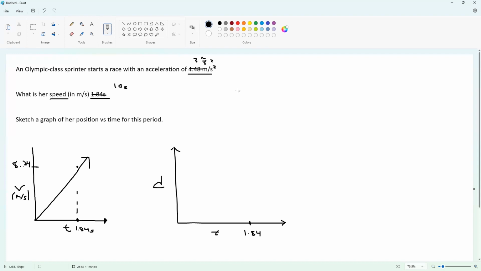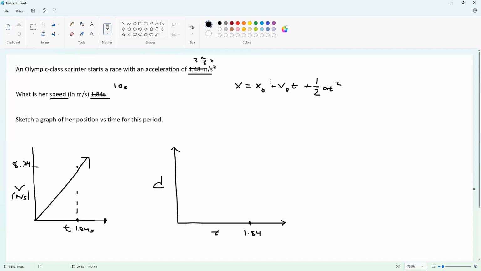One of them is x equals x naught, yeah, x naught, plus v naught times time plus 1/2 times acceleration times time squared.